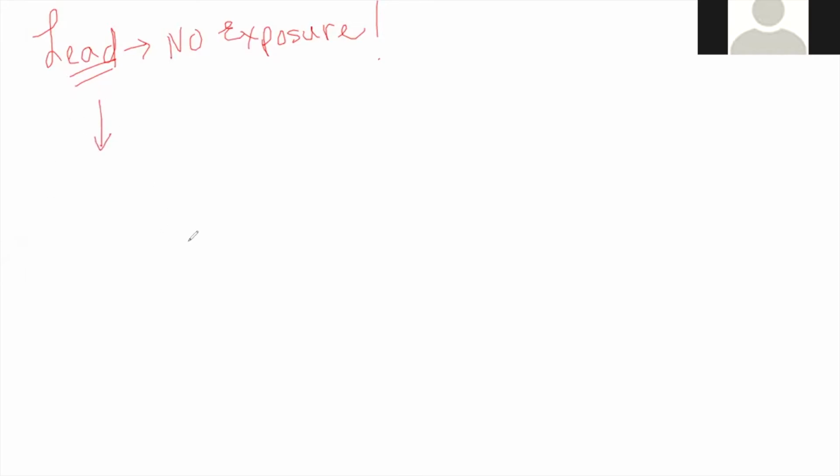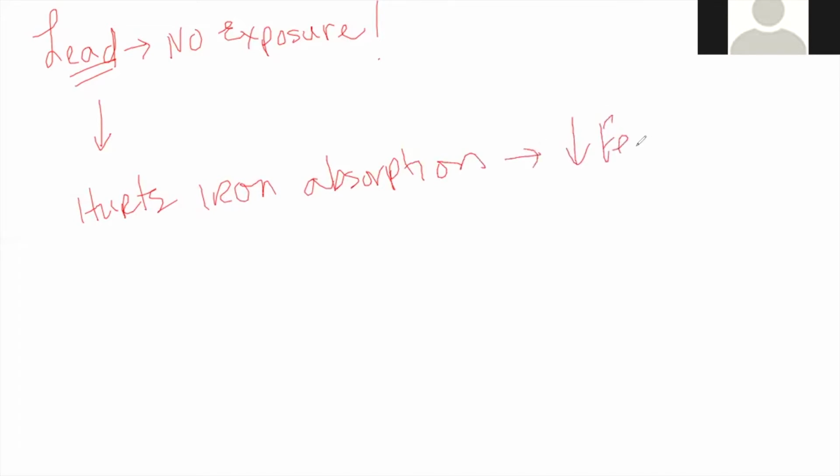And the reason is because lead affects iron absorption, all right? So lead hurts iron absorption in the body. So if you have low iron, remember this is going to affect the oxygen-carrying capacity.